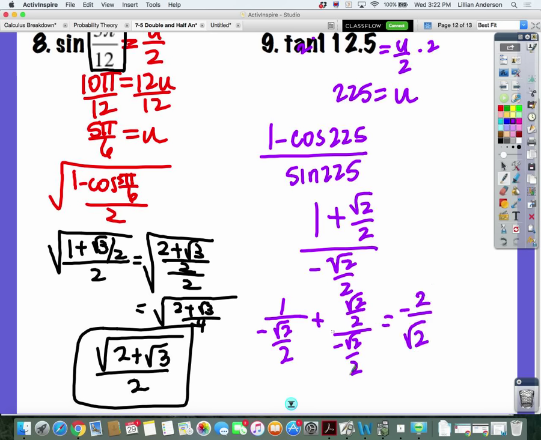This whole fraction turns into a negative 1. You do have to rationalize this particular part, just this part. So that's going to be a negative 2 root 2 all over 2. The 2's cancel out, and so your exact value for the tangent of 112.5 degrees is negative root 2 minus 1.